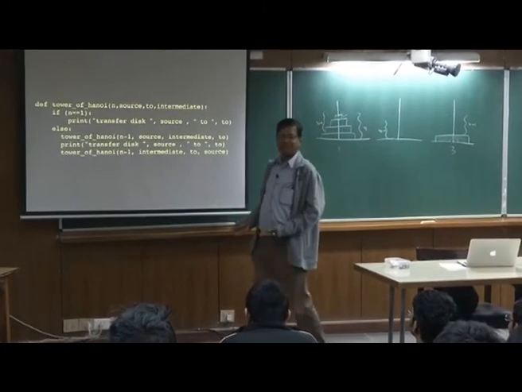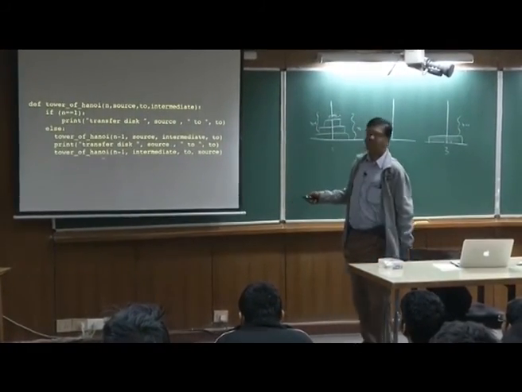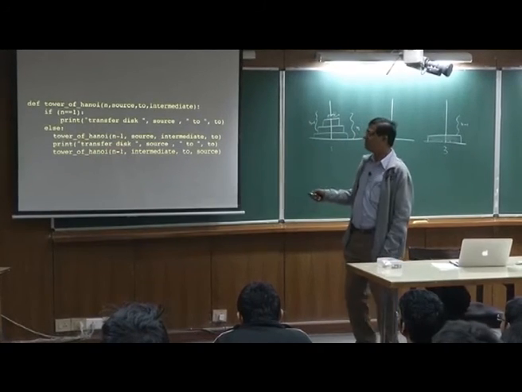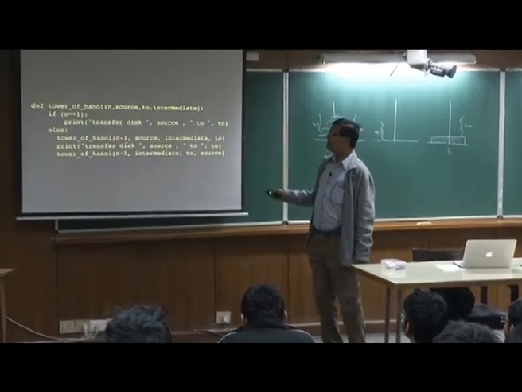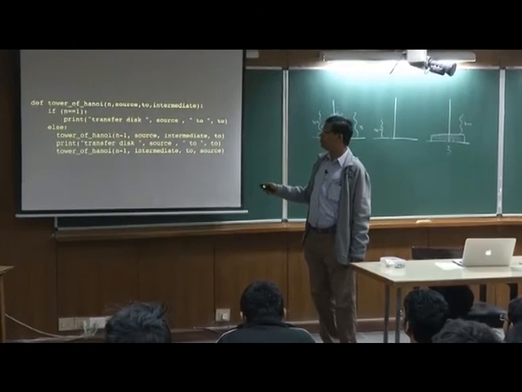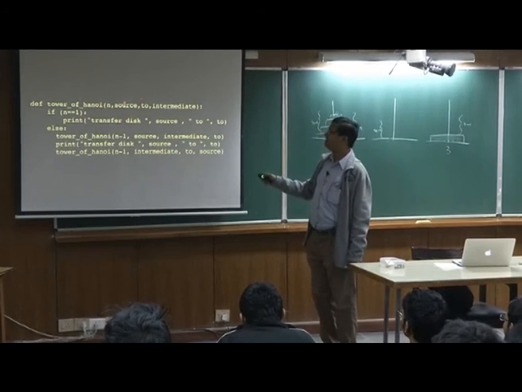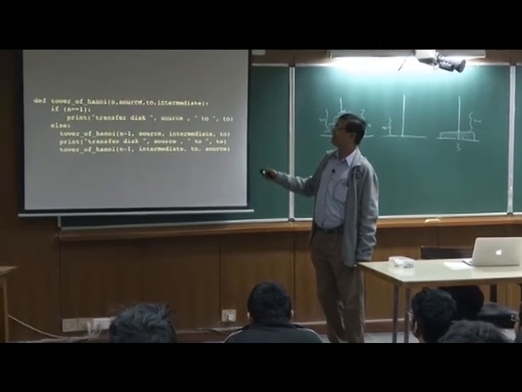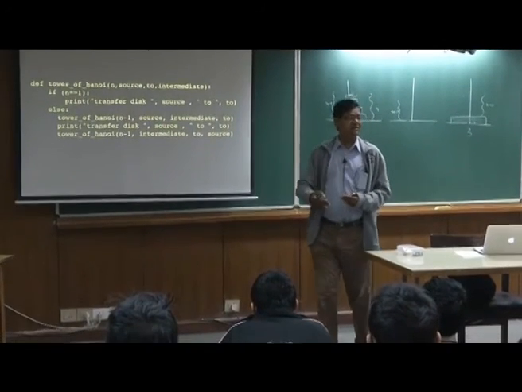For 1 it is trivial, right? I mean, for 1 you just do it. But suppose we had more than 1, then you follow the same thing which I told. Transfer n minus 1 from source to intermediate. So the second argument is where you want to send, well, third argument. This is the number of disks. The third argument is where you want to send.